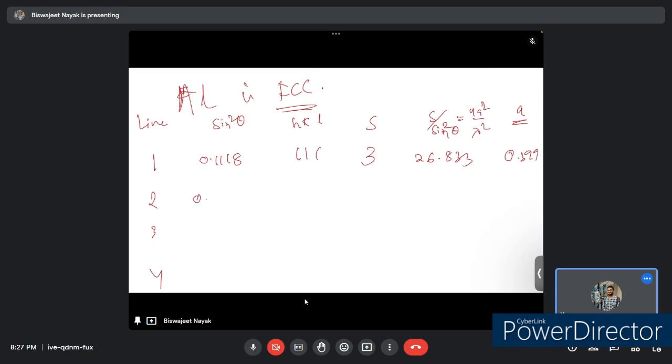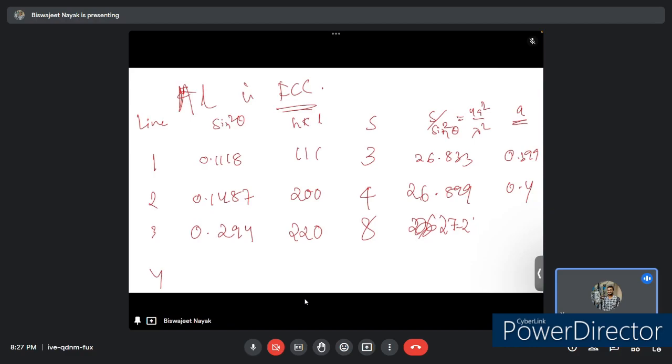Similarly, for sin square theta 0.1487, the hkl value will be 200, so S becomes 4 and the ratio becomes 26.899 and the a value becomes 0.4. Similarly for 0.294, the hkl value is 220, again all are even, so it's possible in the case of FCC, and S becomes 8 and the ratio becomes 27.2108.